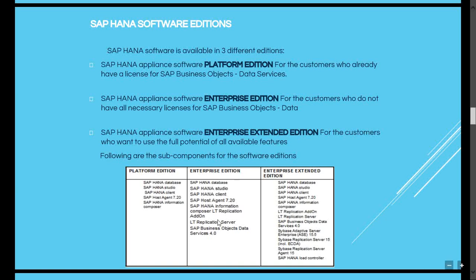SLT is SAP Landscape Transformation. So you're going to get another replication method called SLT. This is for real-time replication of data into the HANA database. Likewise, you have Enterprise Extended Edition. This is to avail all the features of HANA. We go for Enterprise Extended Edition for that. So these are the components that are available in the different editions: Platform Edition, Enterprise Edition, and Enterprise Extended Edition.